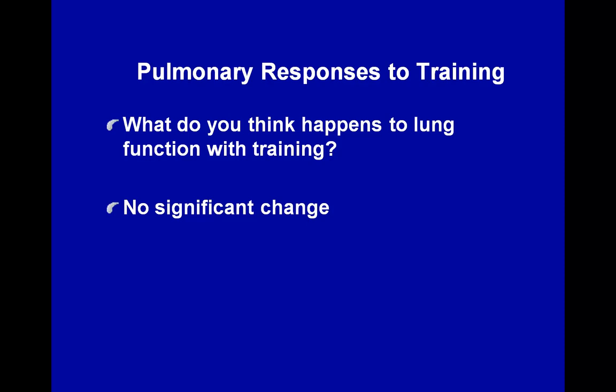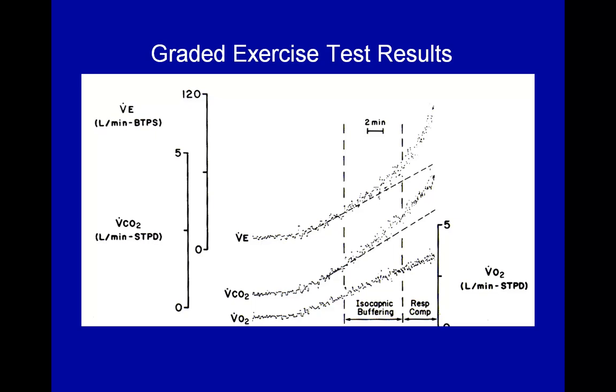In other words, vital capacity doesn't change with training. Flow rates don't change with training. Our ability to diffuse oxygen in the lungs specifically, other than due to an increased cardiac output, doesn't change with training.